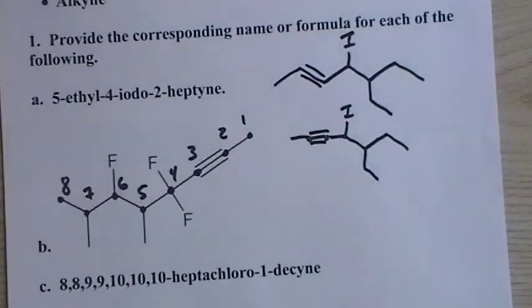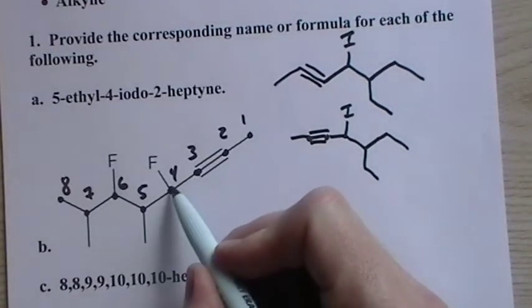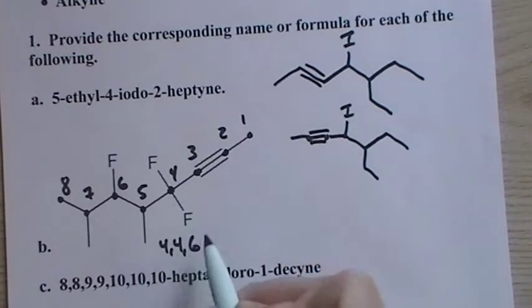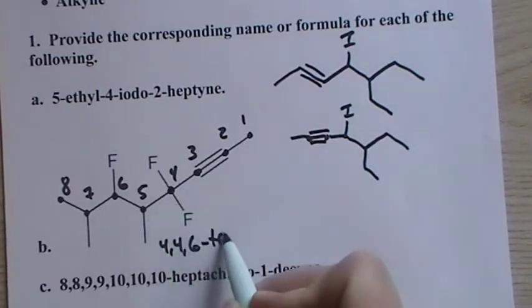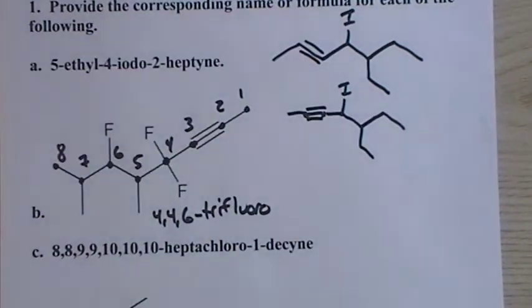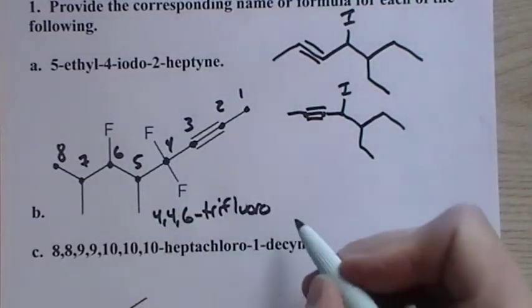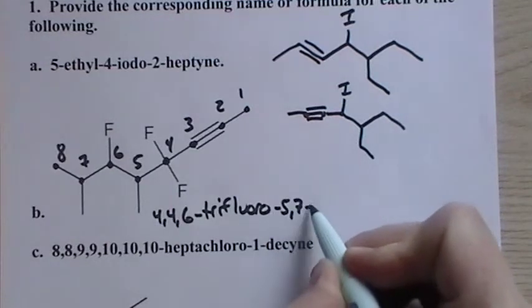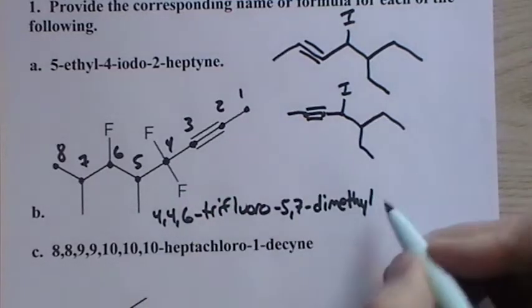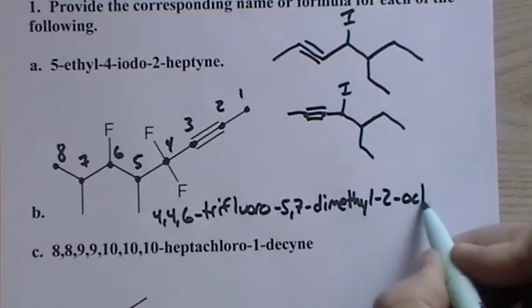So that's going to be an octyne. Then we have 1, 2, 3, 4. We got a lot of fluoros, so this is going to be 4, 4, 6 trifluoro. We have 2 methyl groups, a 5 and a 7, so 5, 7 dimethyl. 1, 2, so 2 octyne.